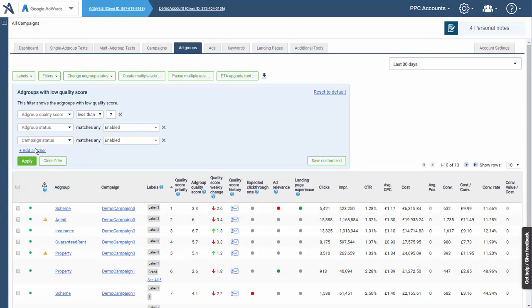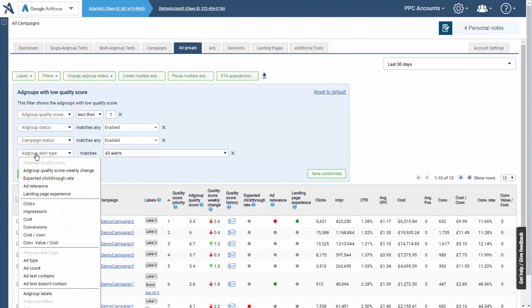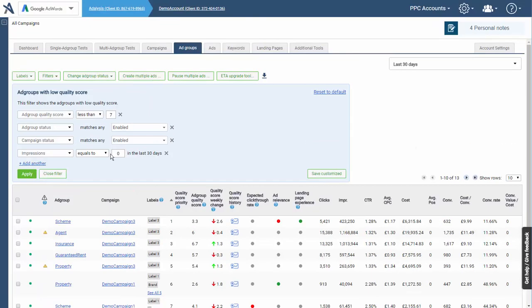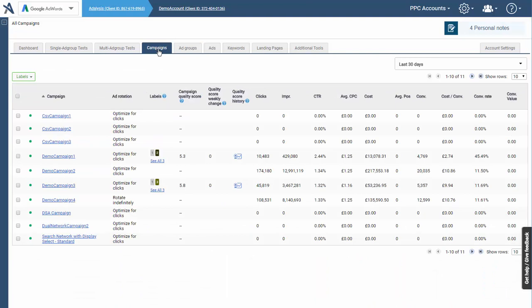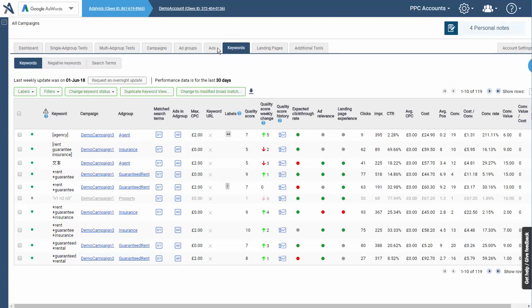If you need more, like you don't want to see everyone, you only want to see ad groups that have impressions more than 500, you can adjust these filters and save customized. At the campaign level, you can see your quality score and graph it out. For keywords, you can see your quality score data, filter by your sub-factors, and find places where your keywords are increasing or decreasing in quality scores to work on them.